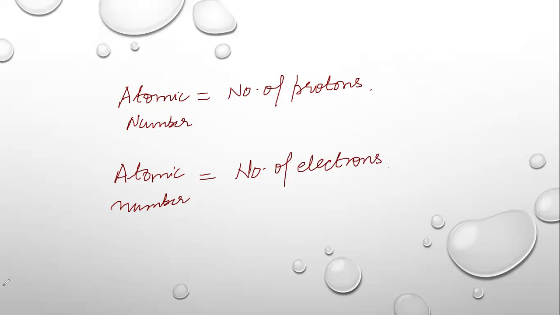Okay. So for example, if we take again the example of helium with atomic number 2 and mass number 4. So its atomic number is 2, which indicates that the number of protons present in the nucleus of helium is 2, and the number of neutrons plus protons present in the nucleus is 4.